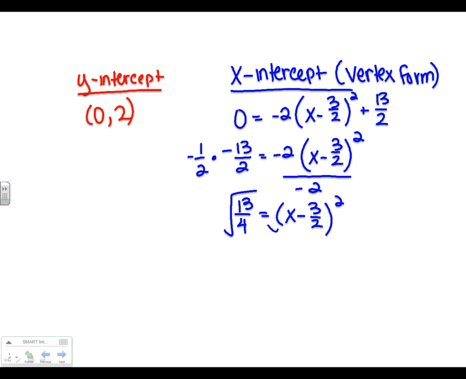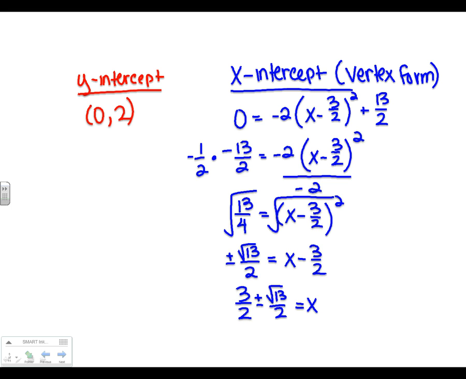Take the square root of both sides. Square root of 13 over 2, positive and negative, is equal to x minus 3 halves. Add that 3 halves to both sides, and I get 3 halves plus or minus the square root of 13 over 2 is equal to x.